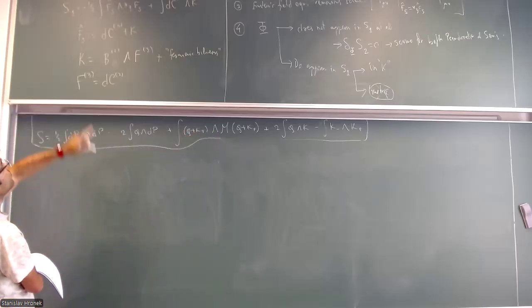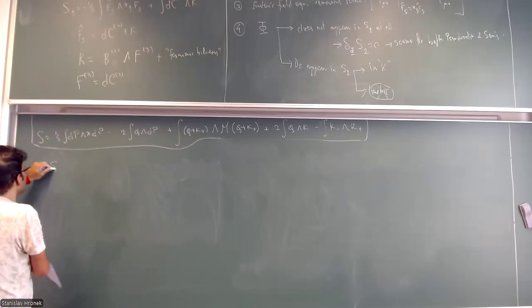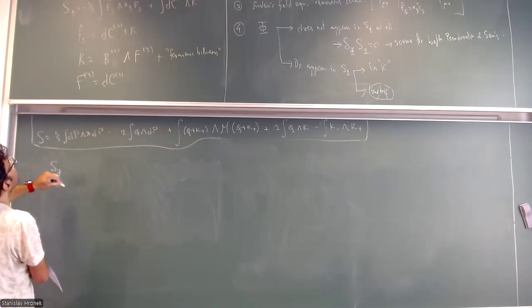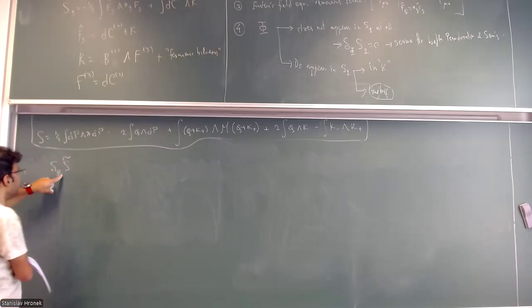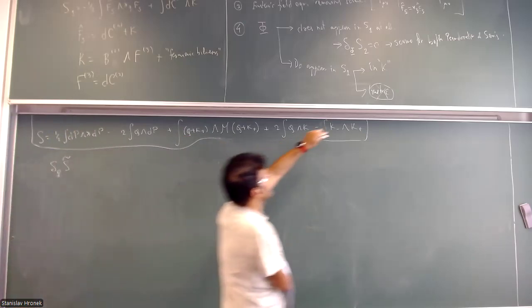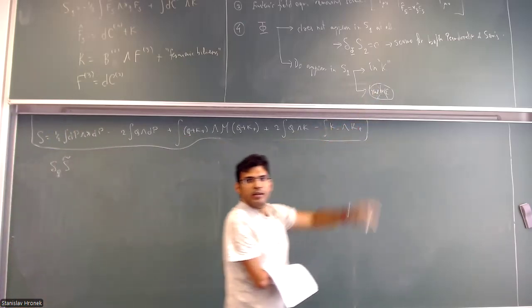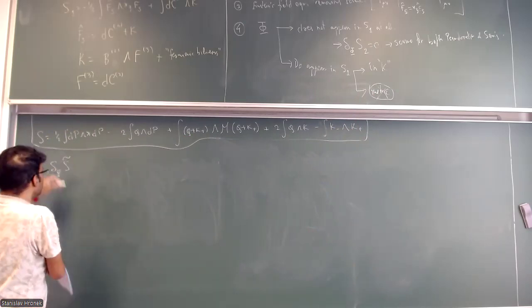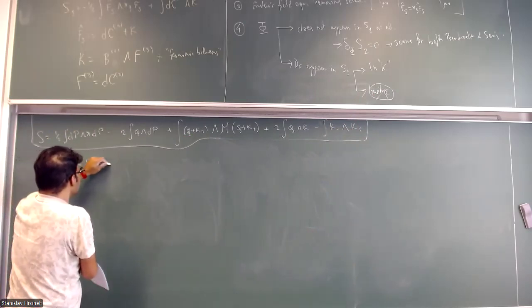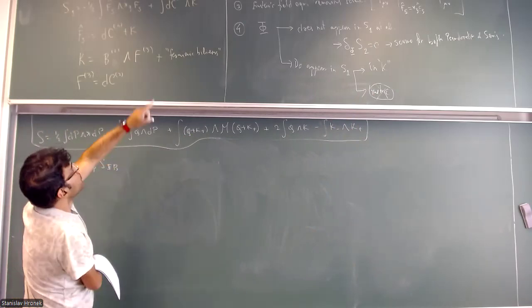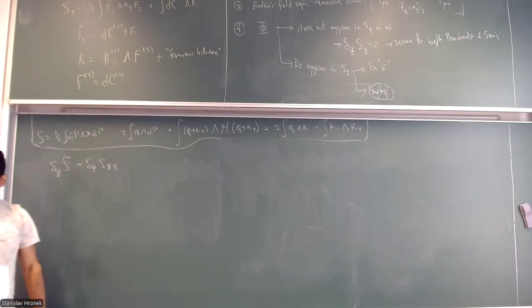What we need to prove is delta phi of S tilde. And now by phi, I really mean this category, things that appear in K. This is the same as S2B in Ashoke's formalism.